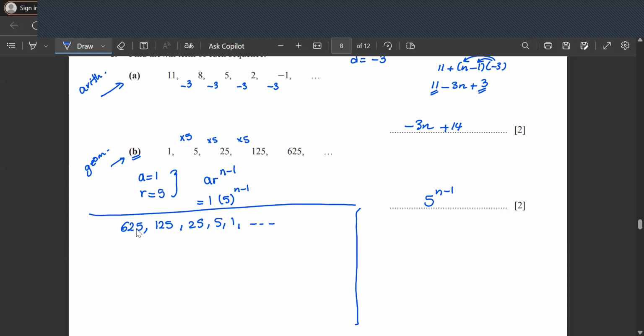Search first if it is a geometric sequence. What's happening here from 625 to 125? What did I do?